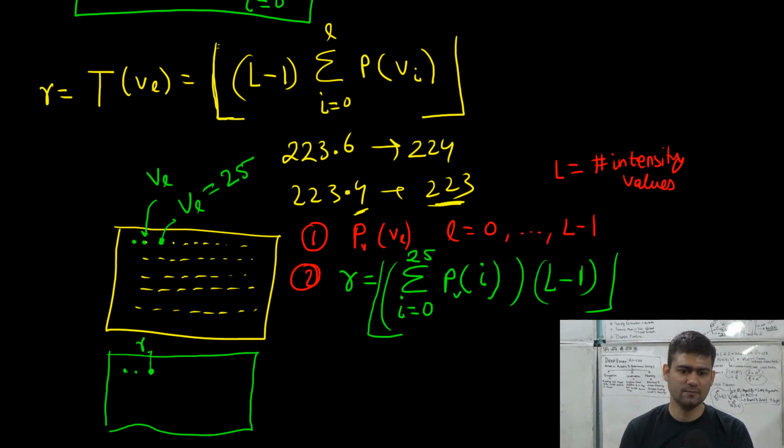So this is the value of the transformed pixel in the resulting image.